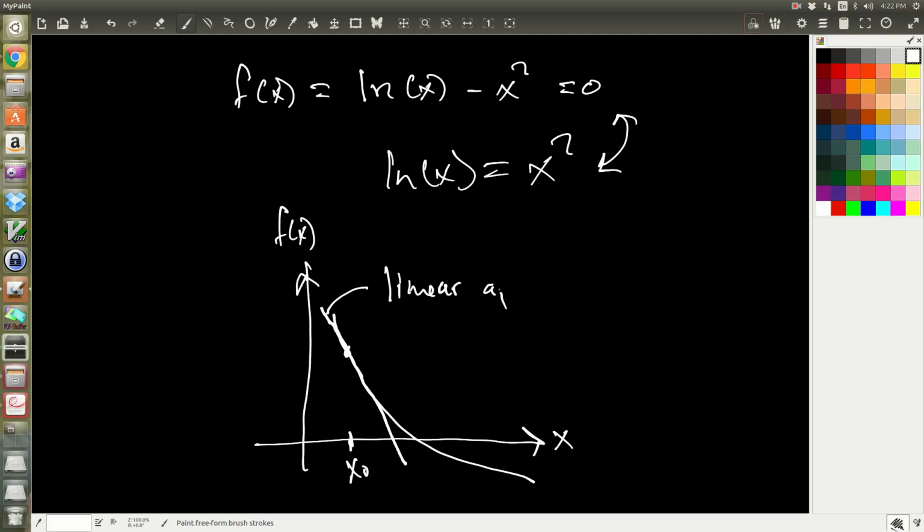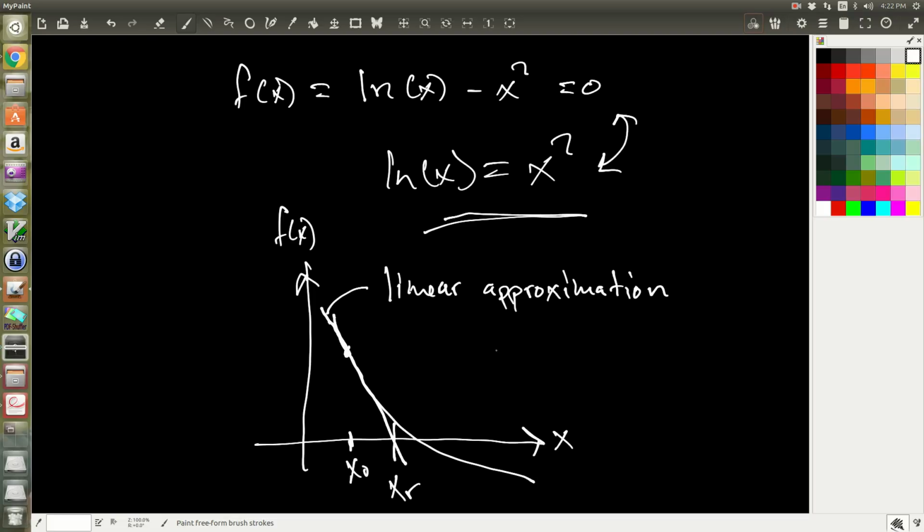Linear approximation. And then finding the solution to that approximation here, x root, was our approximation to the solution of our actual equation. Well, when we have two unknowns and two nonlinear equations, we can do the same thing.